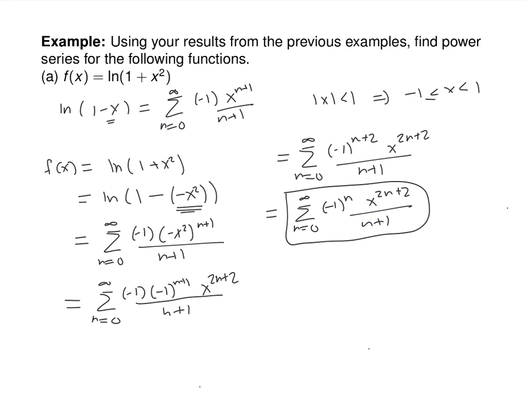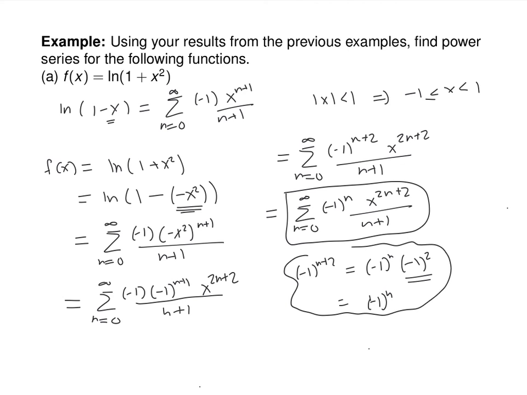So all that occurred there is I took this negative 1 to the n plus 2 and said, oh, that's the same thing as negative 1 to the n times negative 1 to the second, and negative 1 to the second is just 1. You don't have to do that, but it does make it more obvious that your series is alternating, so I think it's a good idea to do that.